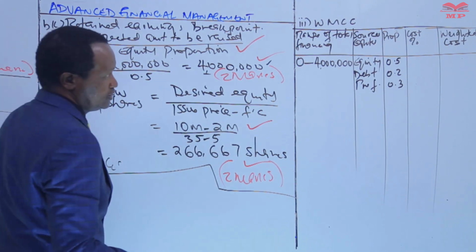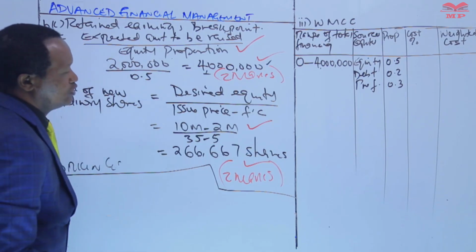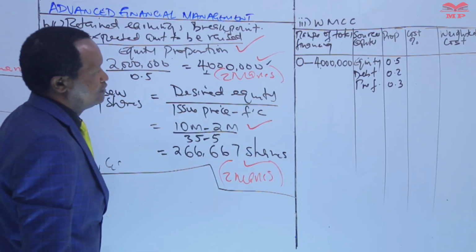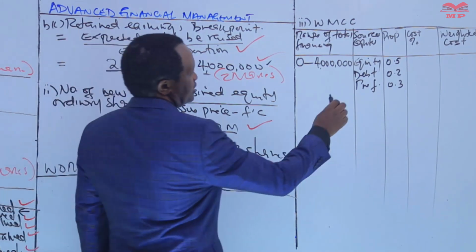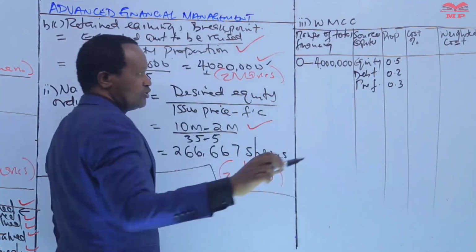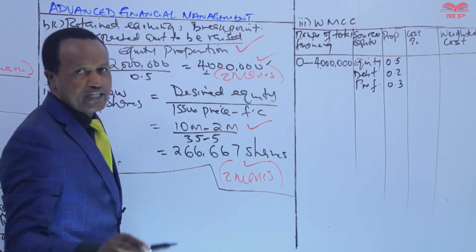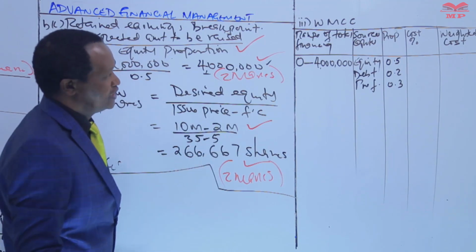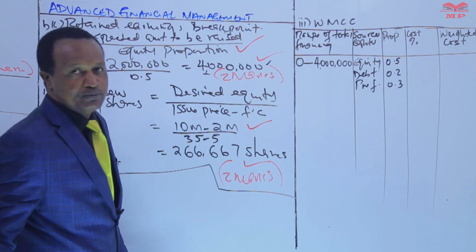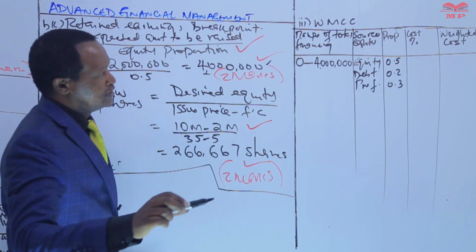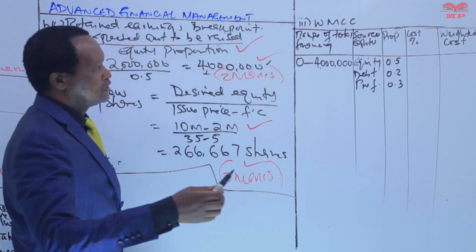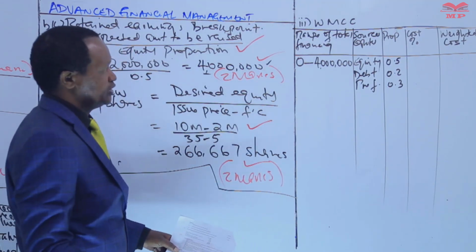So equity, and candidates, this is where you need to be attentive. Equity, by now you know, comprises ordinary share capital, reserves, retained earnings, unappropriated profits, premium. All that is part of equity.